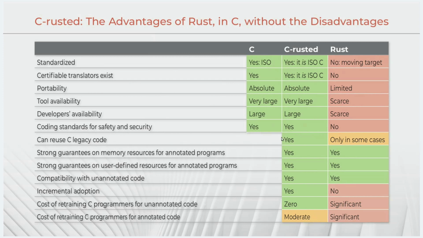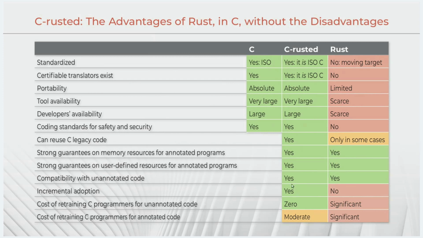Of course, you can reuse C legacy code because C rusted is C again, and exactly as for the case of Rust, you can have strong guarantees both on memory resources and on user-defined resources for annotated programs. There is complete compatibility with unannotated code because unannotated C rusted code is C code.